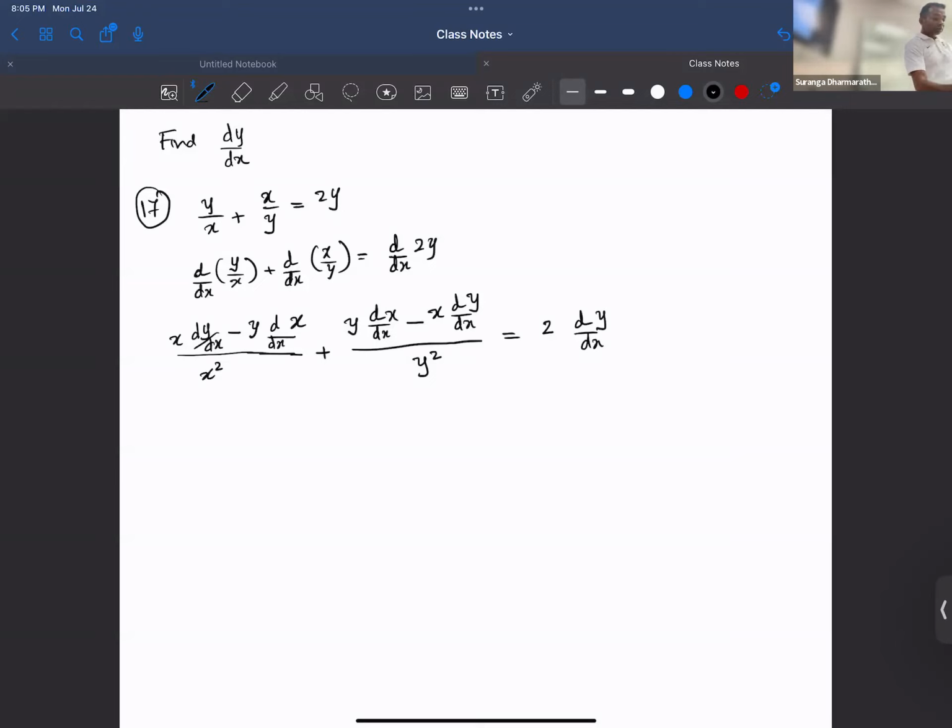Okay. And d over dx x is equal to 1. So this is x, you can say this is y prime or dy over dx, minus y times 1, divided by x squared plus y squared. This is y times 1 minus x times dy over dx equals 2 times dy over dx.